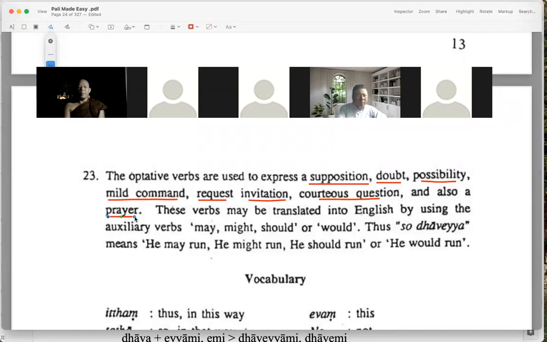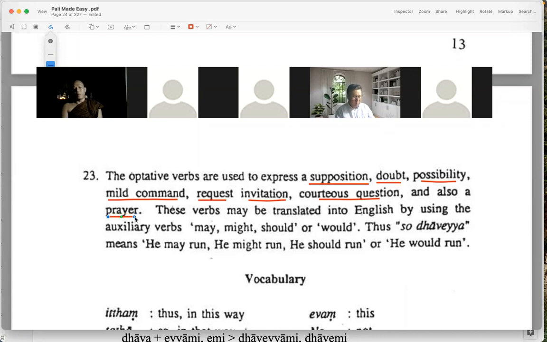So many meanings are possible. Based on the content, we need to understand what kind of sense the verb has here. So that is roughly the translation.